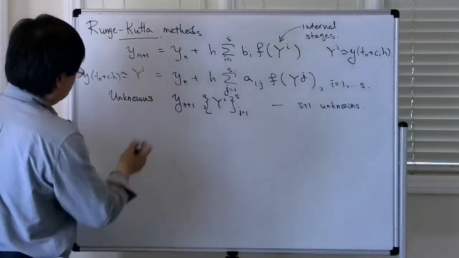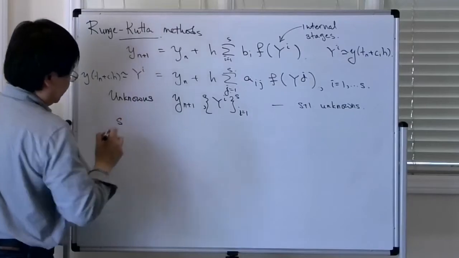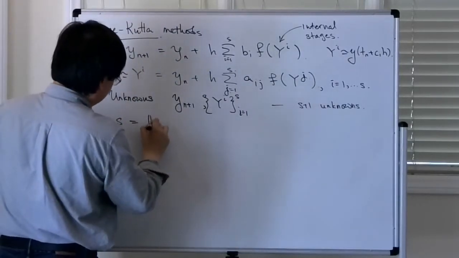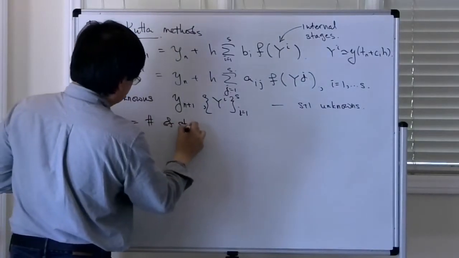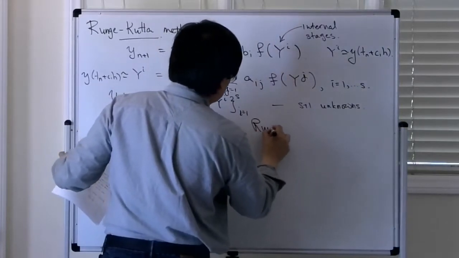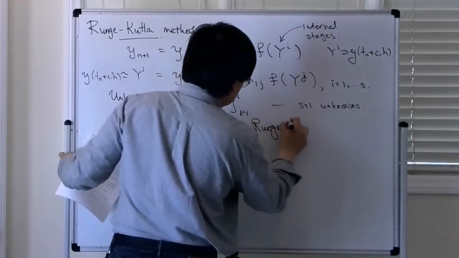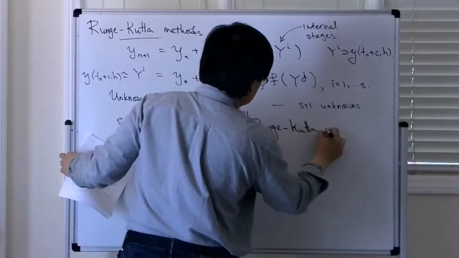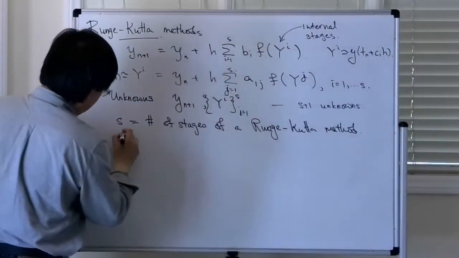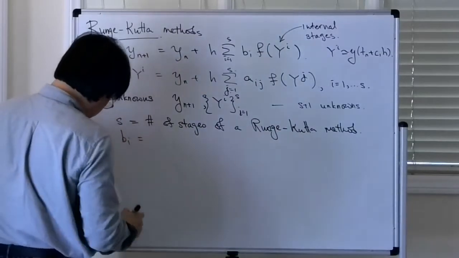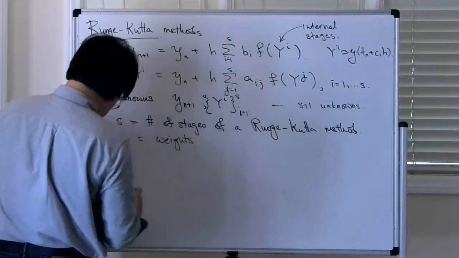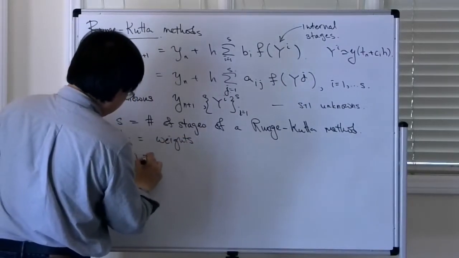Let's say a little bit about notation. S is going to be the number of stages of a Runge-Kutta method. The bi's are the quadrature weights, and the aij's are these internal coefficients.